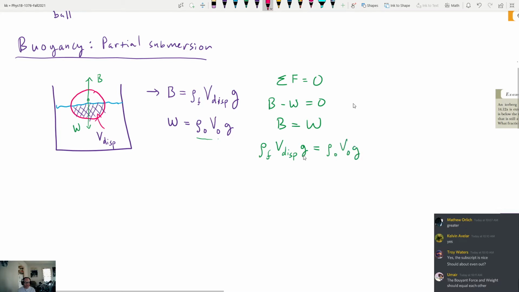And then we can obviously cancel out a g from each side. And then we get this nice relationship that tells us how the volume displaced is related to some other quantities. So I'm going to solve it for that quantity right there. The volume displaced, our final result from this, is going to be equal to the density of the object divided by the density of the fluid multiplied by the volume of the object.